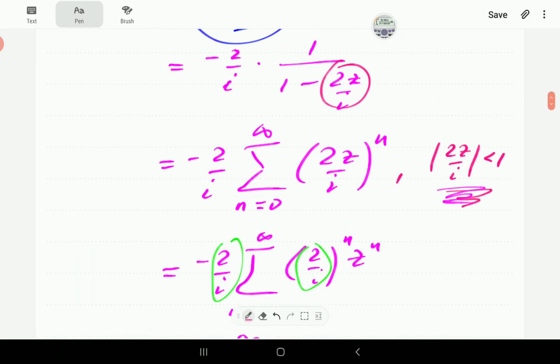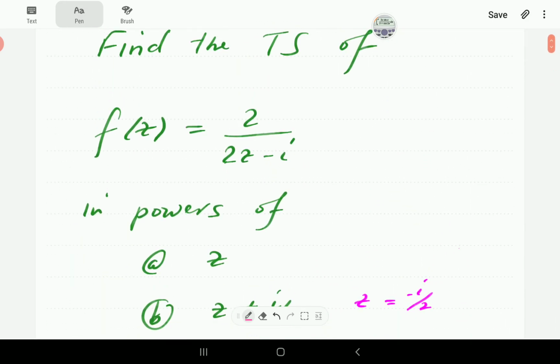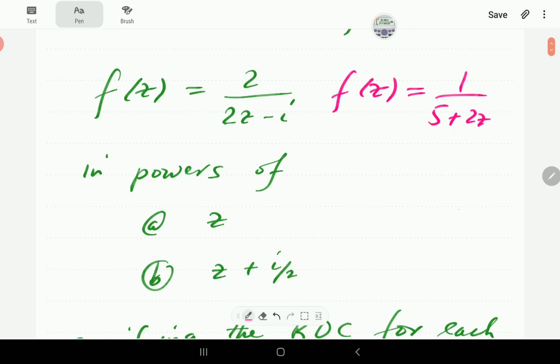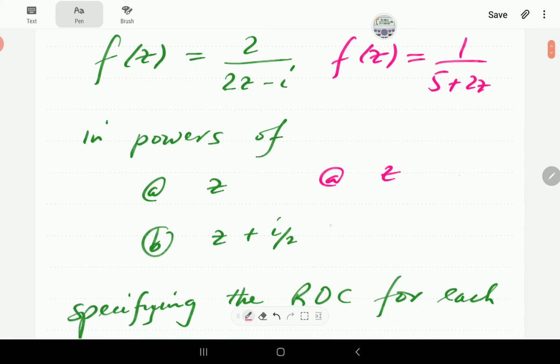All right, so now we're going to give you a chance to have a go at something similar. So here, if you want to work with f of z equals 1 over 5 plus 2z, you are going to find the Taylor series of this in powers of z in the first instance.